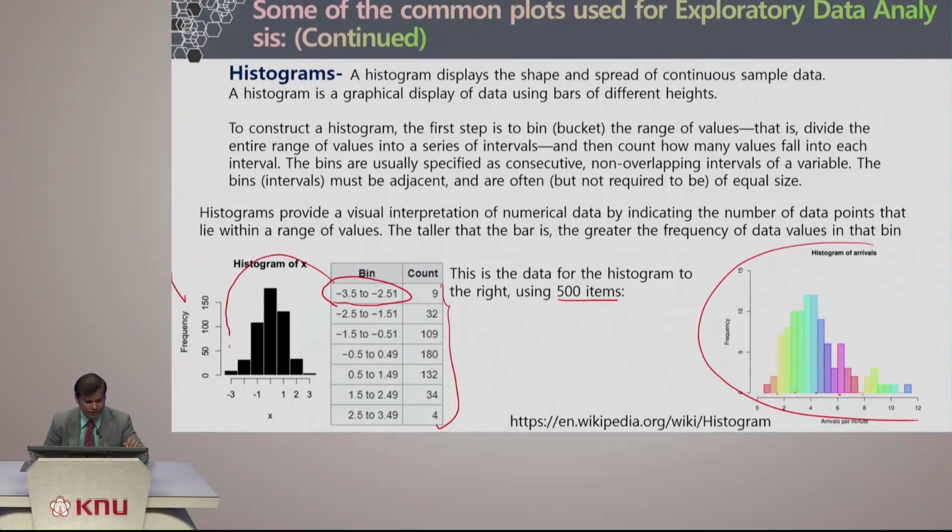So this goes here, and if you look at the second one, it goes here, 32. The third one is here, 109. The fourth one is the peak, which is 180. So that is how this histogram separates, without overlapping, the bins or the bars that you have here.